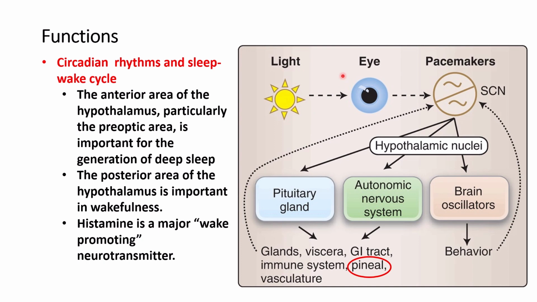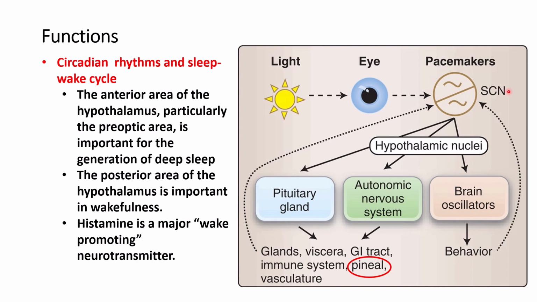When the level of the signals decreases, the suprachiasmatic nucleus senses that, and it is connected with the pineal gland, and then melatonin is released. So then the person will be sleepy, and that will decrease eating. And if the level of melatonin decreases, the person will be more awake, and eating is also increased.